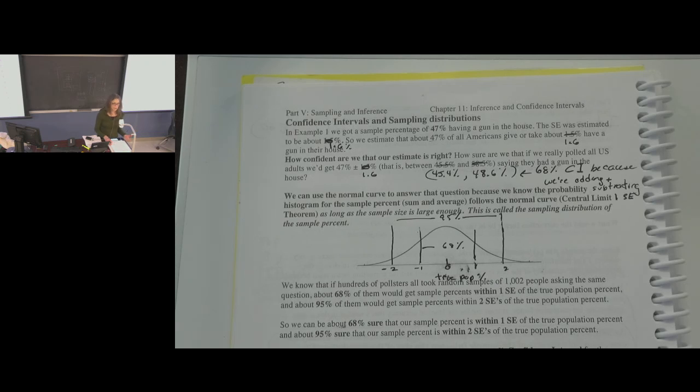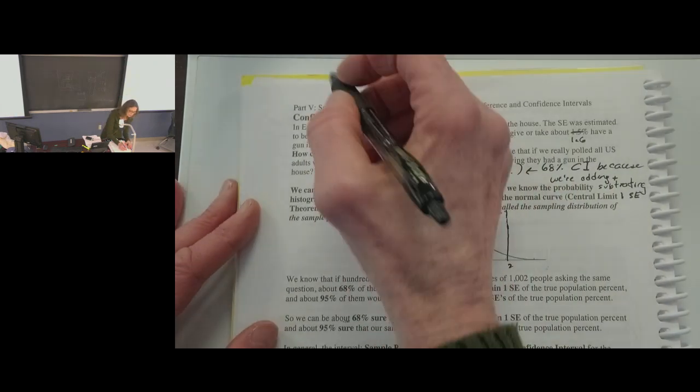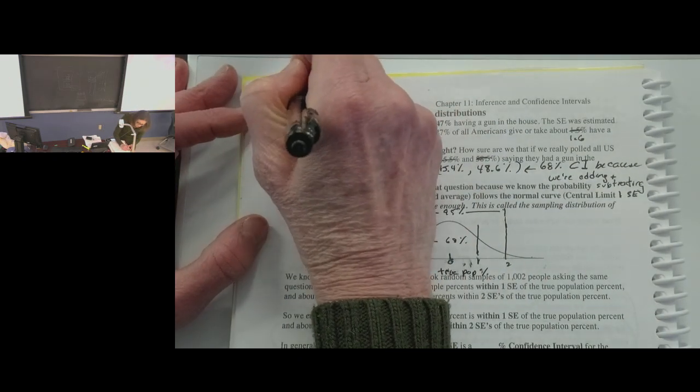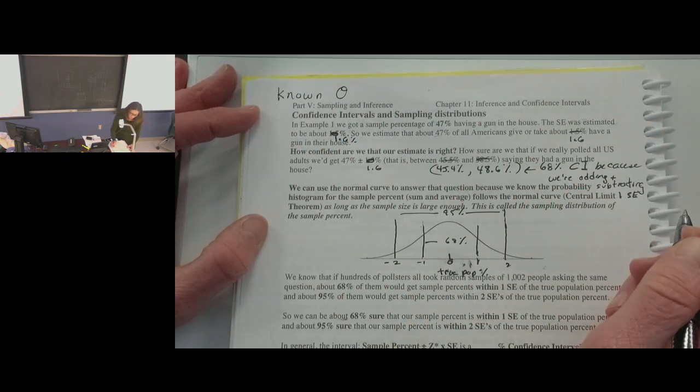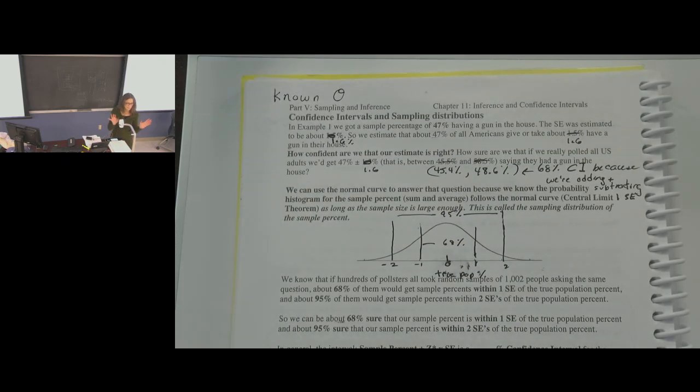And we saw that when we know the standard deviation of the box, when we have a known SD, which is what we did here, we had a known sigma, then we use Z, as long as the population isn't too skewed from normal.